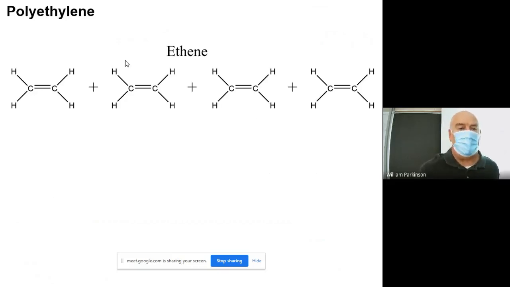So as you see, each monomer unit is an ethene. Each monomer unit has a double bond between the carbons, and each carbon, in addition, so that its nucleus is happy, has 2 other single bonds, or sharing of 2 electrons between a carbon and a hydrogen.